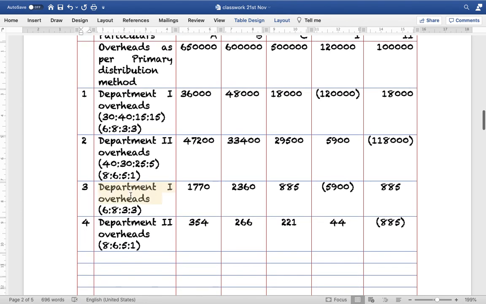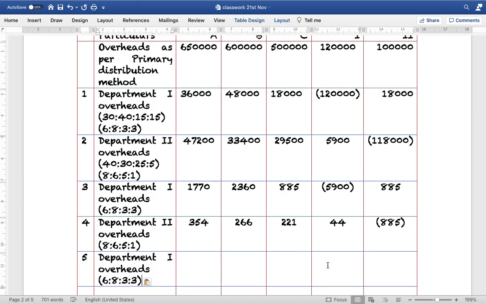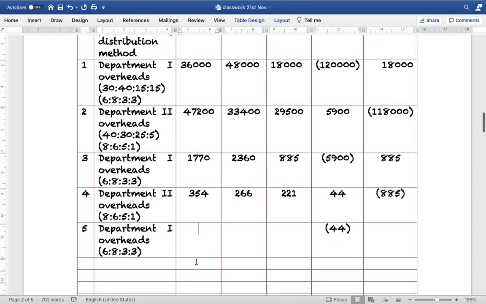Next we take department 1's overhead. This 44 to the other departments in the ratio of 6 is to 8 is to 3 is to 3.